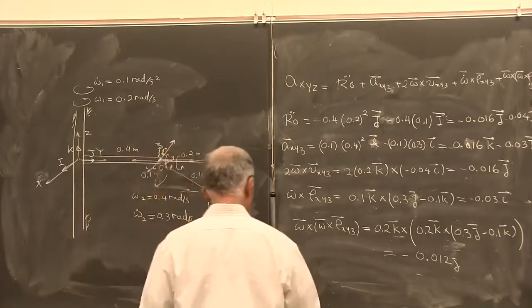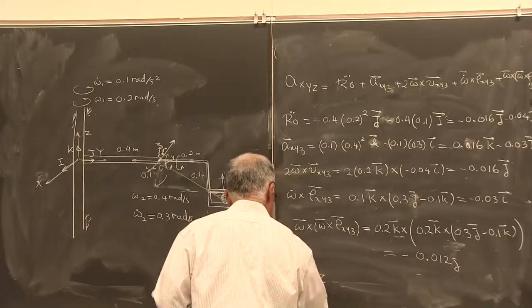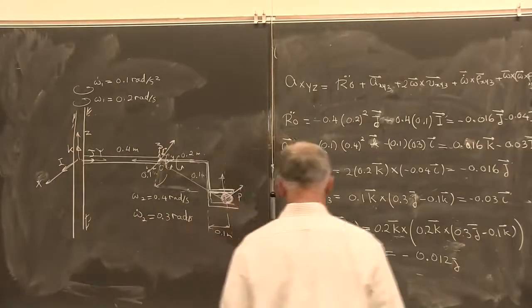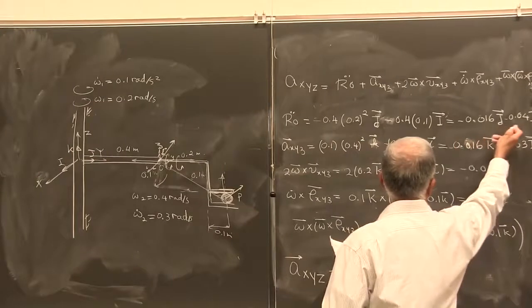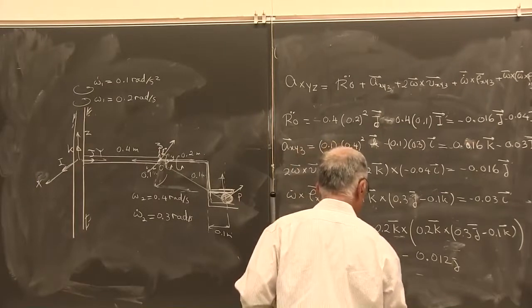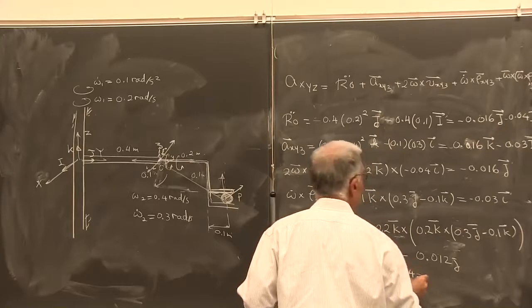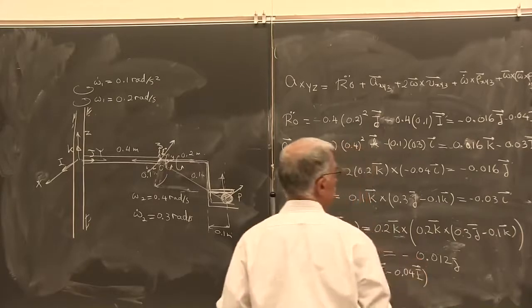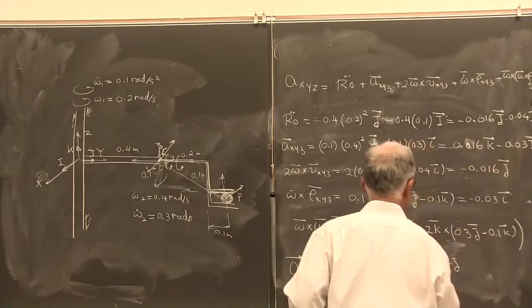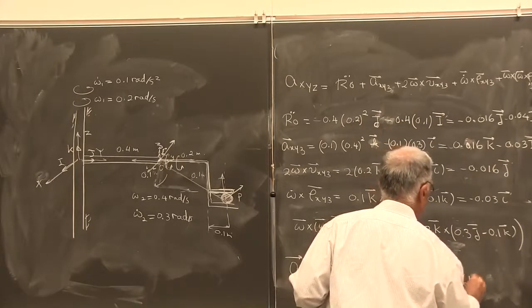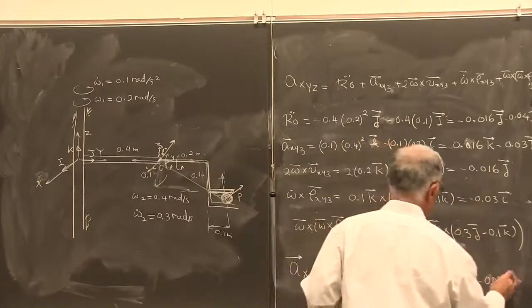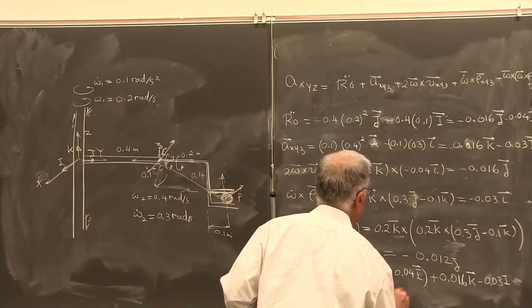The acceleration of the particle with respect to the main reference frame, Newton's law is always applied with respect to the main reference frame, is going to be equal to minus 0.016 j minus 0.04 I, then you have this term, which is 0.016 k minus 0.03 I. Then you have this term, which is 0.016 j.